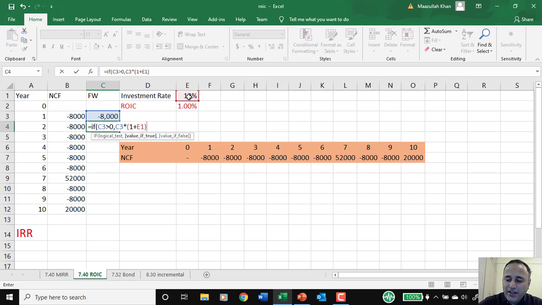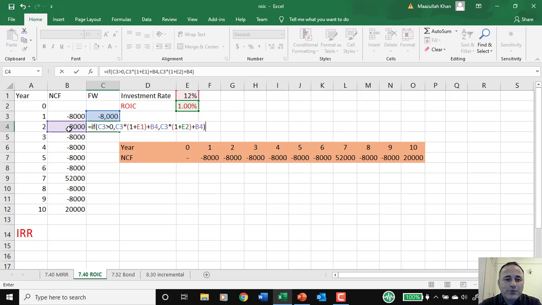And then add this cash flow at t equal to 2. If not, then use this number, but this time use actually the ROIC rate. And again add this number.